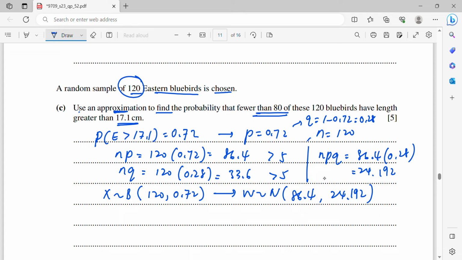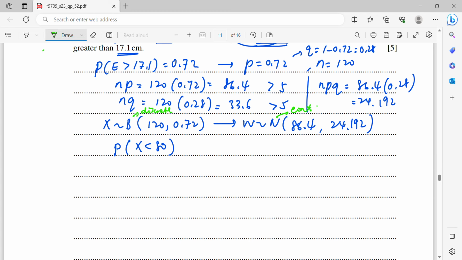Okay, so now probability of less than 80. Alright, so it will be X is less than 80. Now remember, at first it is binomial. Binomial is a discrete random variable. Then you approximate to normal. Normal is continuous. So from discrete to continuous, you need to consider the continuity correction. That means now I need to draw the number line. Less than 80, I label 80, but the actual X will be 79, 78, and so on.